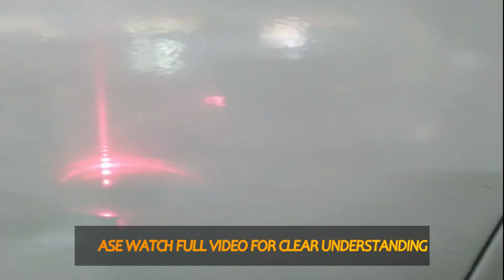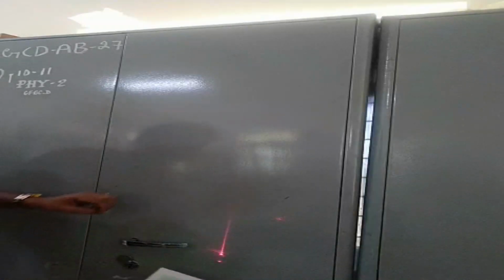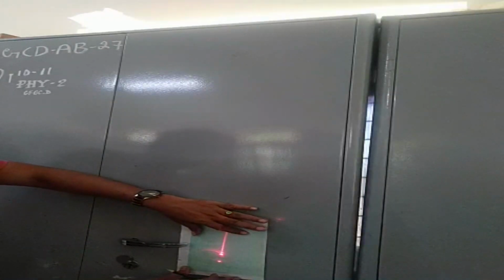You have to note down the distances of the different order diffraction spots on a graph sheet now. These are the beautiful diffraction spots obtained on the screen. Now to take the measurements, I will take a graph sheet and fix it on the screen.